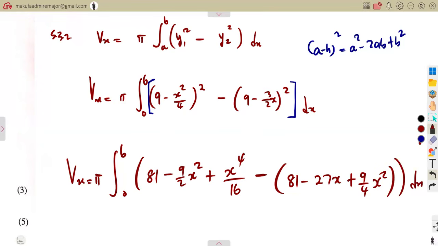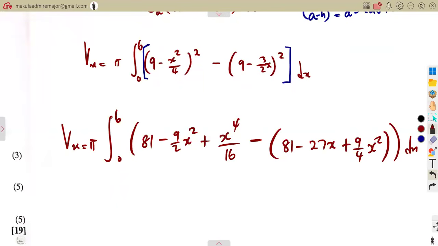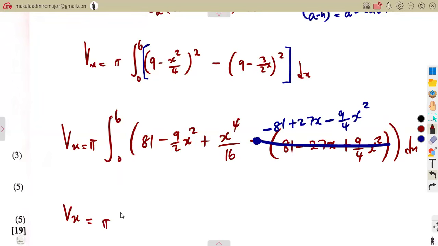So if you expand again, because we've got a negative that is affecting the second bracket, it's going to be negative into this, which is negative 81, negative into negative, that's a positive, and negative 9 over 4 x squared. So we no longer have this, we have used it in this bracket. So that means we can combine our terms. We can combine our terms before integrating in this case, all right?